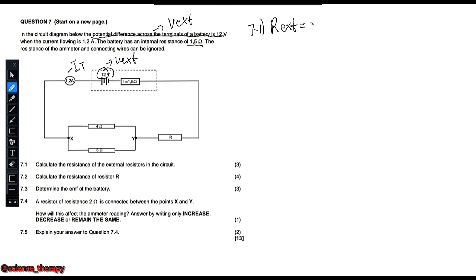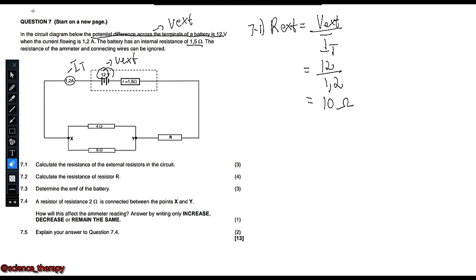R external is equal to V external over I total, taken from the formula R equals V over I. Our V external is 12 volts divided by the current, 1.2 amperes. Doing that, you get 10 ohms. That's essentially how you would tackle 7.1 for only 3 marks: formula, substitution into the formula, and correct answer with the correct SI unit.